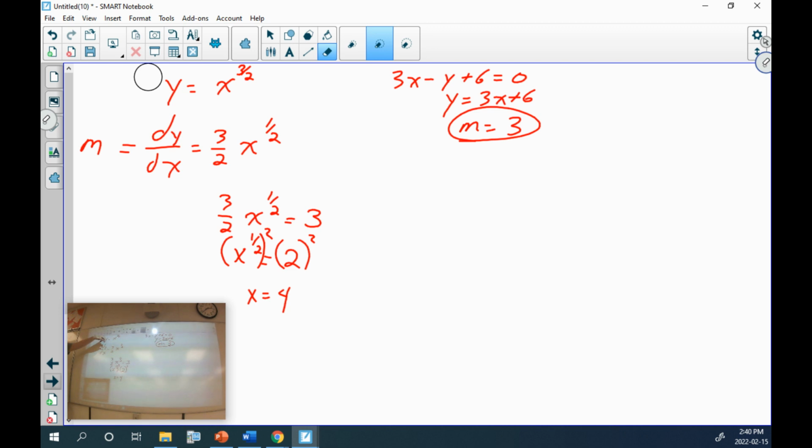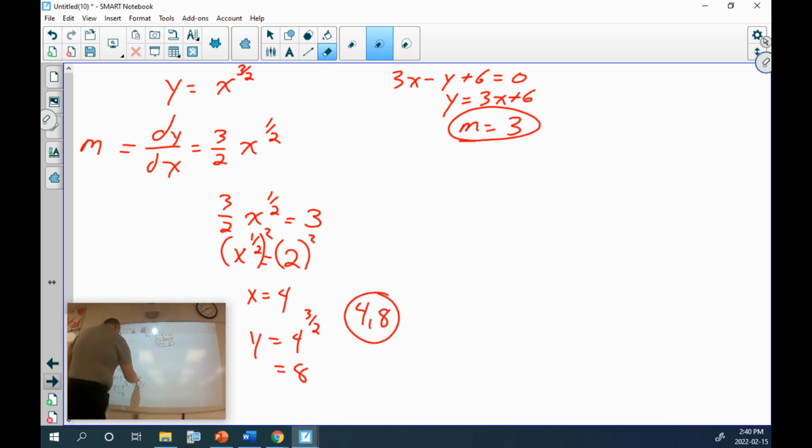The top one, because we don't care about what point is on the derivative, we're caring about what point is on the original graph. So y is equal to 4 to the power of 3/2. So the point is (4, 8). Square root of 4 cubed.